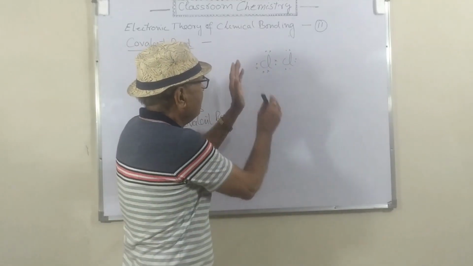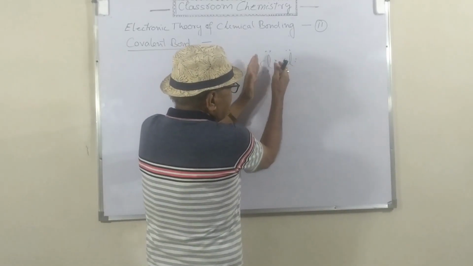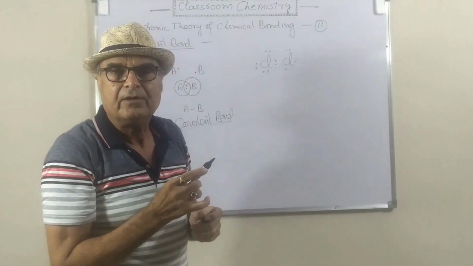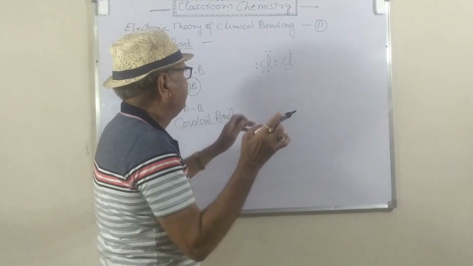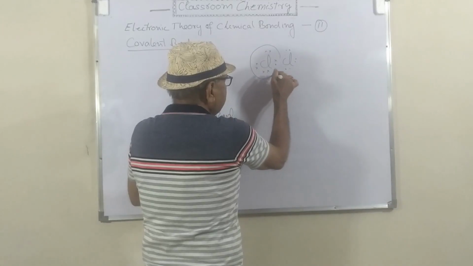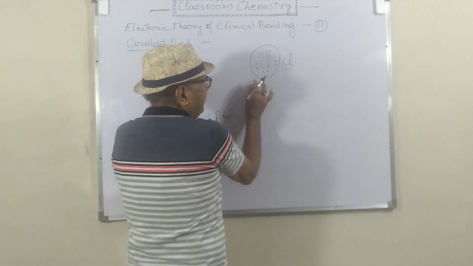One electron of each chlorine takes part in the sharing, and this is called the bonded pair of electrons. This bonded pair of electrons will be counted on both sides, for both chlorines.